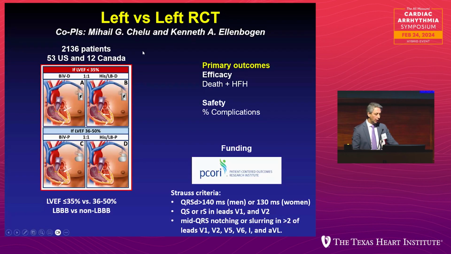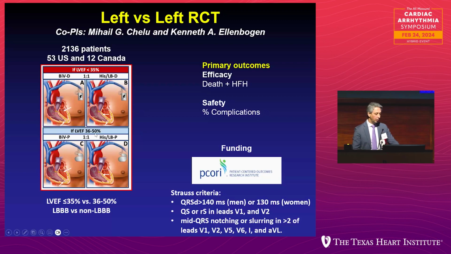So Ken Ellenbogen and I are leading this trial that will involve 2,136 patients in the US and Canada, and stratified by ejection fraction, 35% or less will randomize to biventricular defibrillator versus defibrillator with a His or left bundle pacing lead.